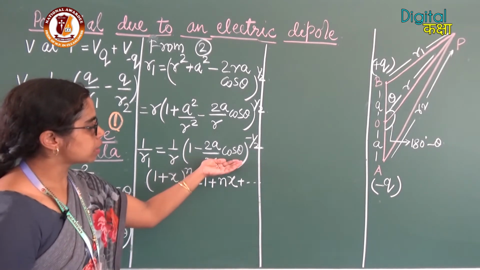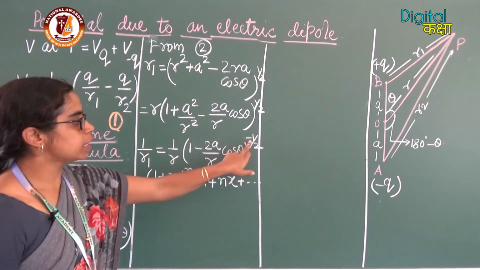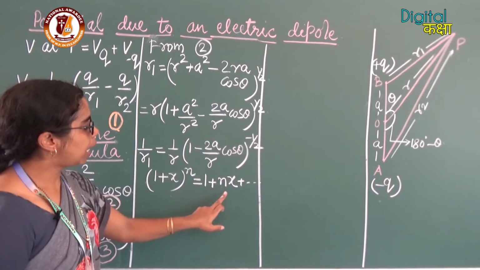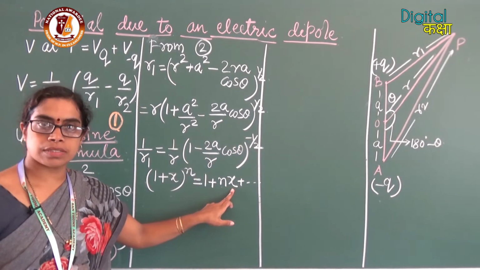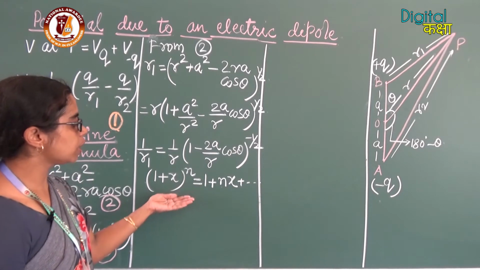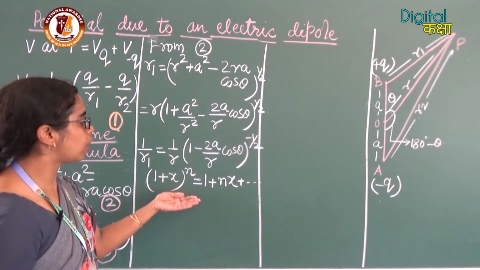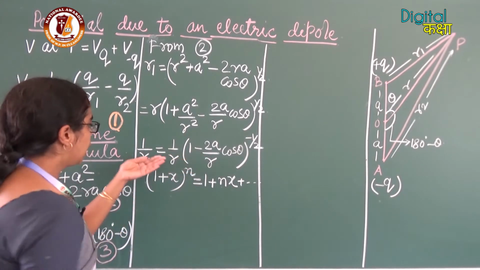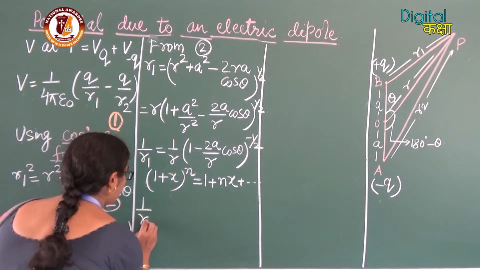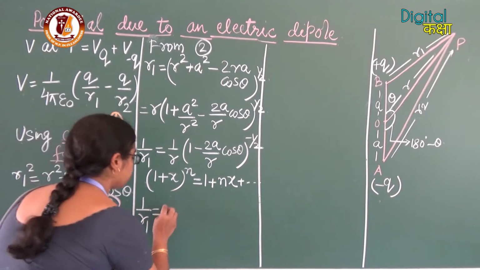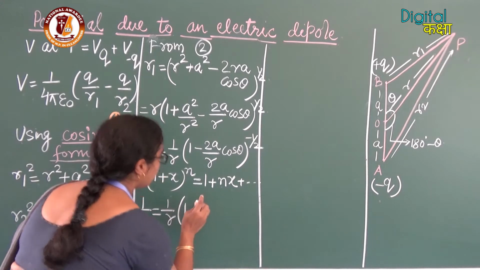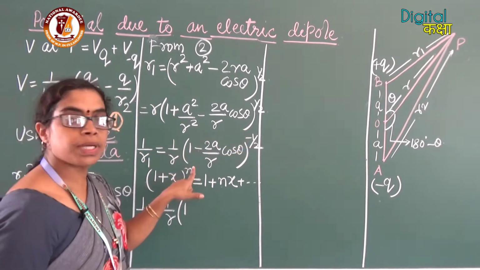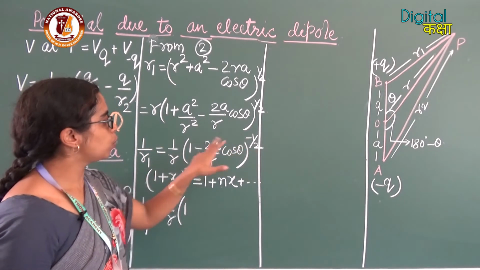In this case, the value of n is minus 1 upon 2, and this complete term is representing the value of x. So when I use this binomial theorem formula in this equation, I will get the value of 1 upon R1 to be equal to 1 upon R, 1 minus, and minus will become plus, this 1 upon 2 and this 2.